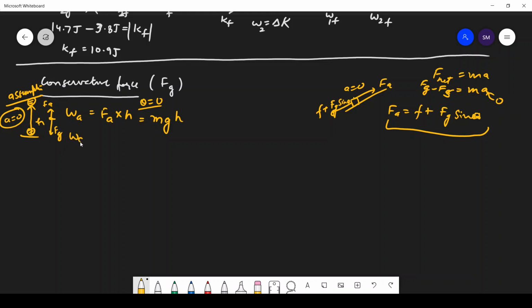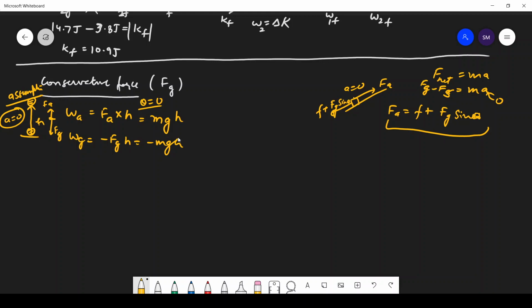And if you write the work done by gravitational force, of course the angle is 180 degrees. So you'll find it minus Fg into h. That's minus mgh. And that is why if you take the ball up like this and allow the ball to come down, this potential energy will be converted into kinetic energy.